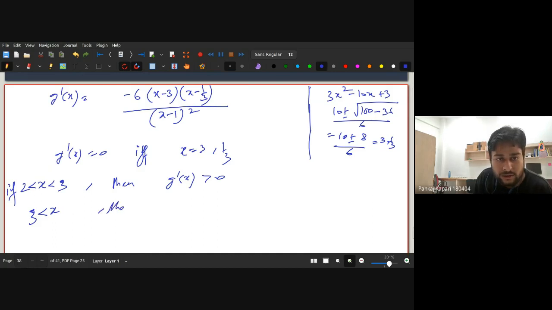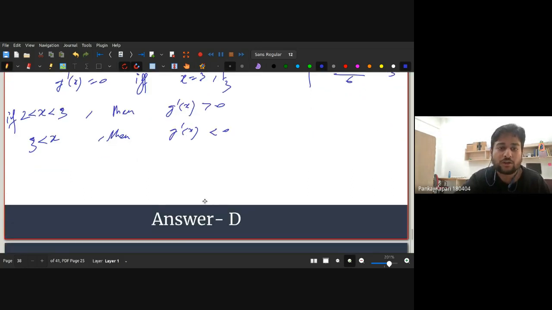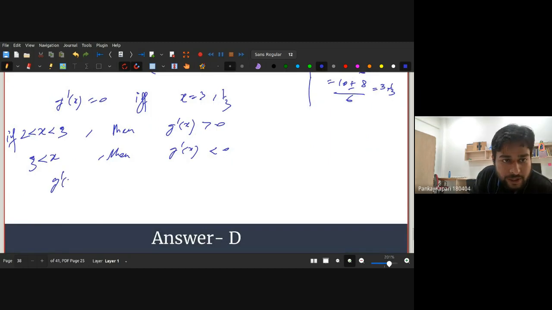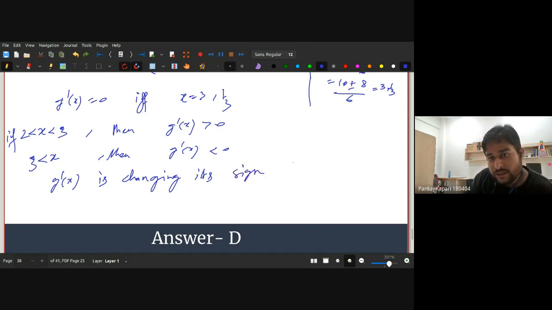And if x is bigger than 3, then what will happen? Because if x is bigger than 3, this is positive, but outside we have a −6, so the sign is negative. Okay, so now notice that the derivative is changing its sign from positive to negative near x equal to 3.